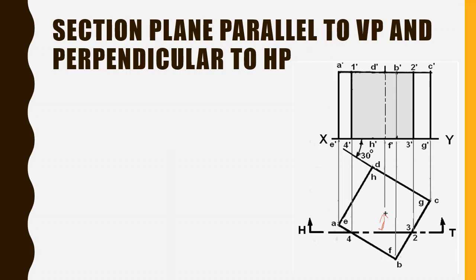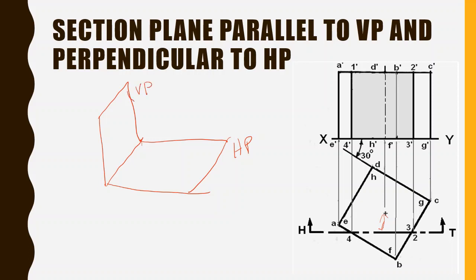If you consider this as a vertical plane and this as a horizontal plane, this is your horizontal plane and this is your vertical plane. Now, when we talk about a section plane parallel to VP, again we have this section plane. This is your section plane parallel to VP, and it is perpendicular to HP.